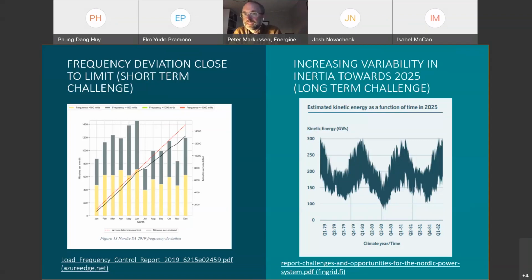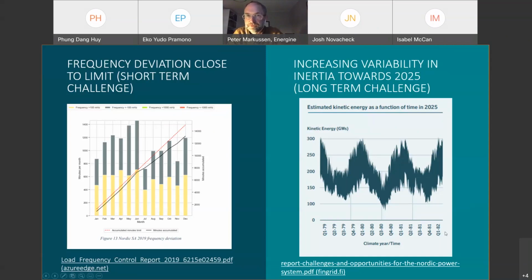But we could also see, with the use of the model tools that we had, that in some periods we would have quite low inertia. The figure to the right shows the challenges in 2025, based on a number of hydrological years.